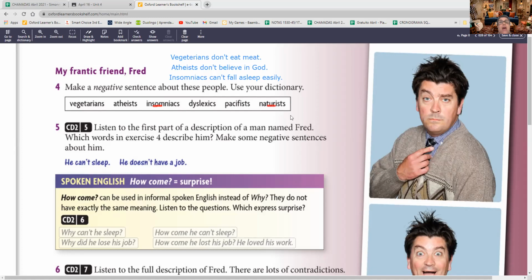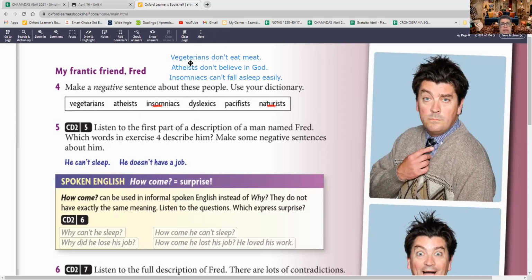They don't like violence. Okay? And finally, naturists don't wear clothes outdoors. They avoid. Okay? So before we move on, I will show you the answers to that one, okay? Just sample sentences about each one of those groups, okay?